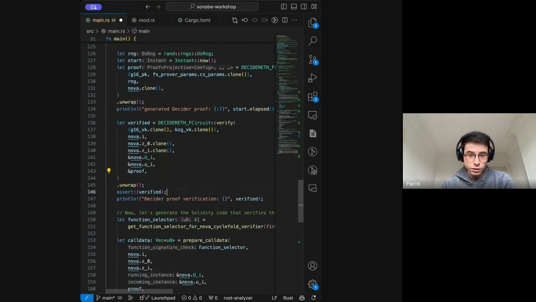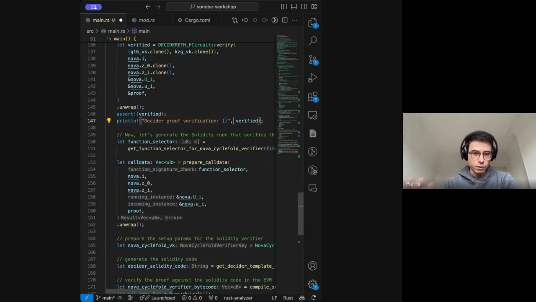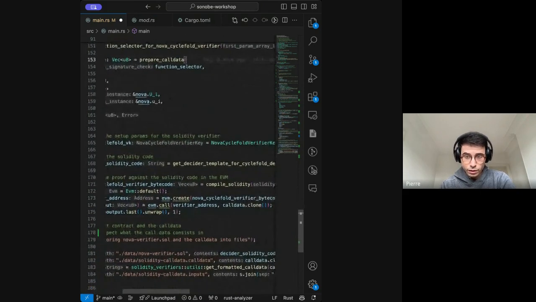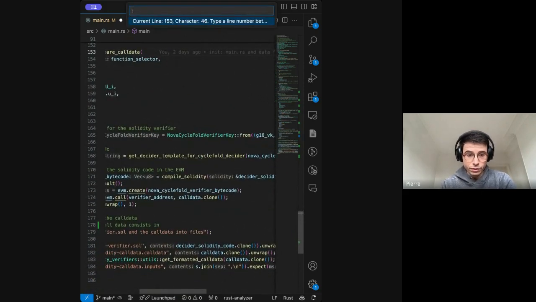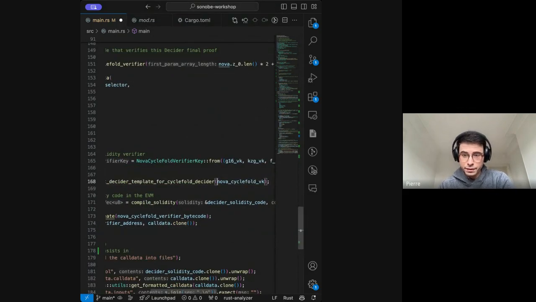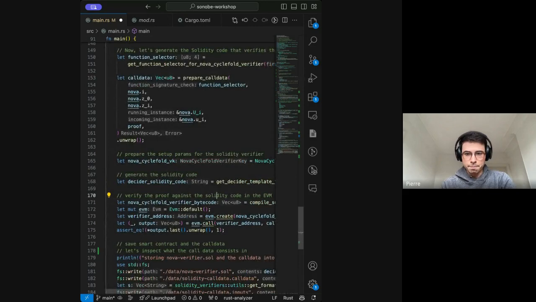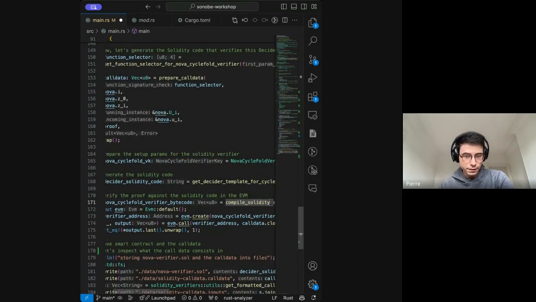And once we know that the proof is actually correct, we can verify it on chain. And that's what we will do by generating the decider template here. The decider template is basically the Solidity contract that we are going to deploy on-chain to verify the final proof.